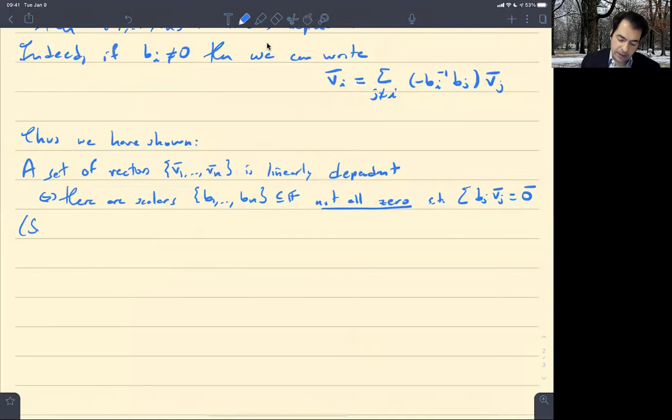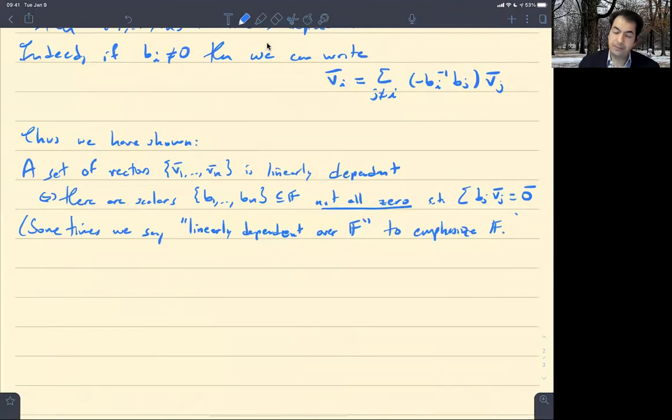Right? Sometimes we'll say linearly dependent over F, to emphasize the field.